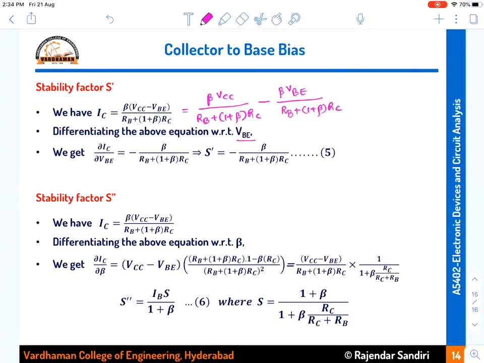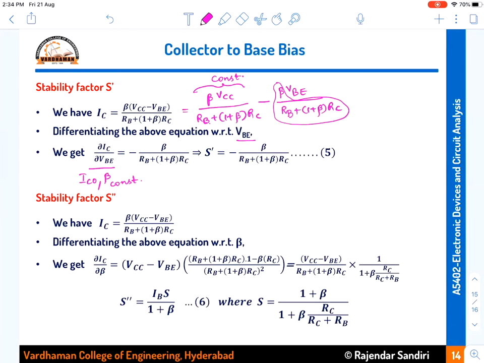When differentiating with respect to VBE, IC naught and beta are considered constants. VCC is constant, and beta is also treated as constant for S dash. So beta is constant, RB is constant, RC is constant. That means this entire first term is constant. In the second term, the entire factor is constant and VBE is the variable.